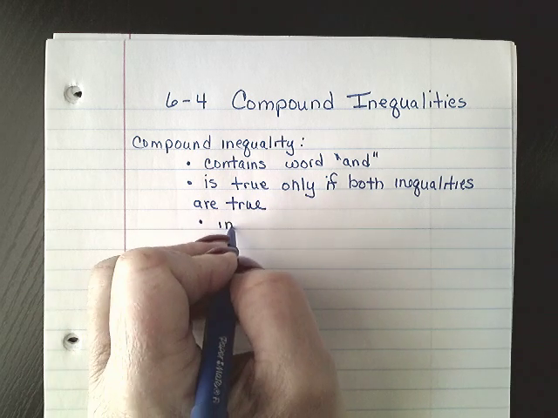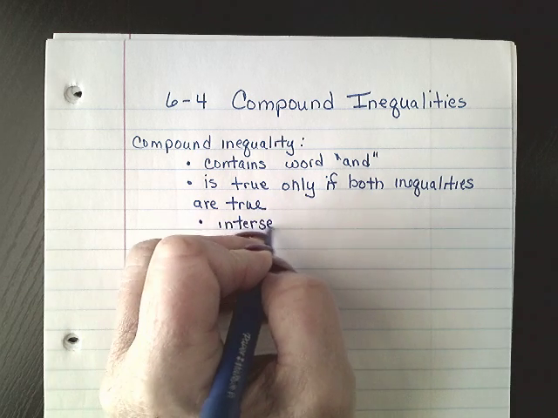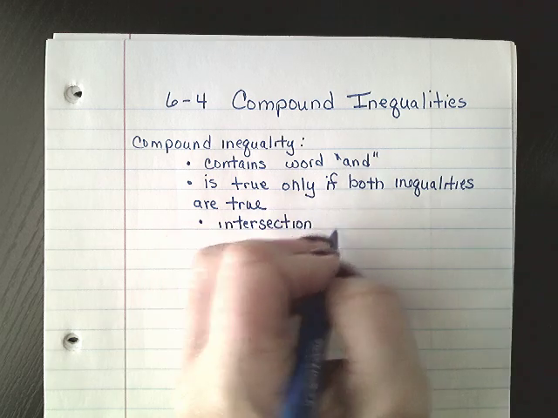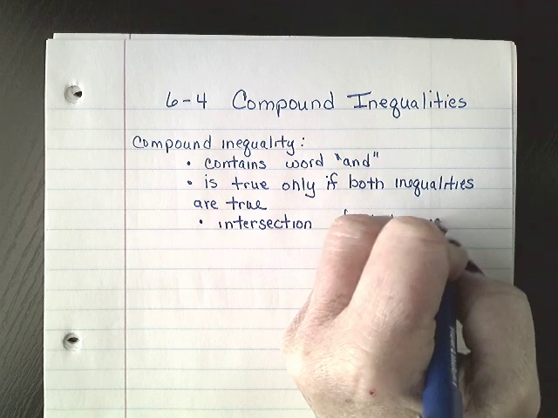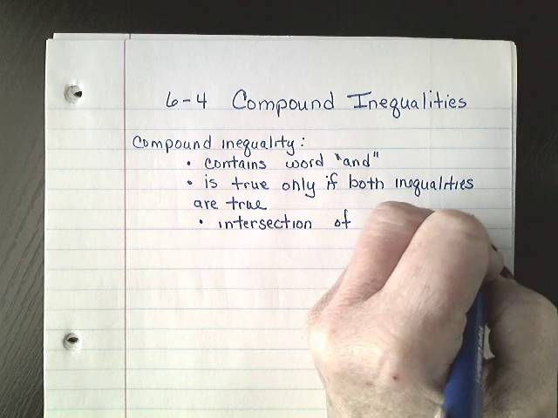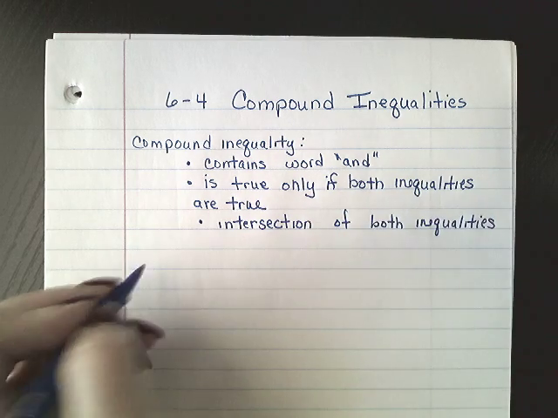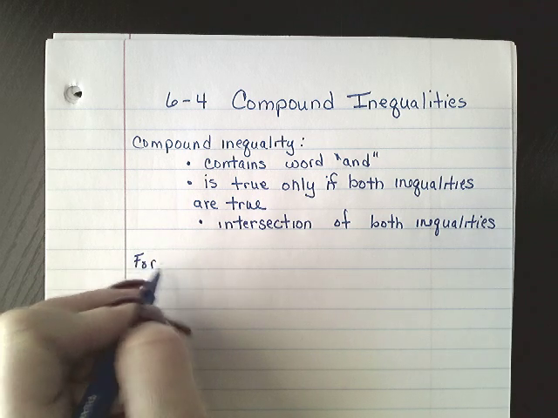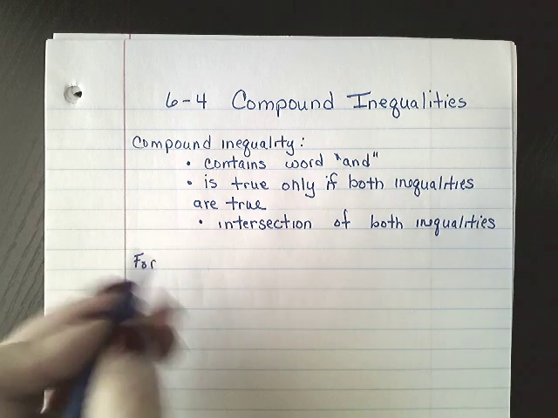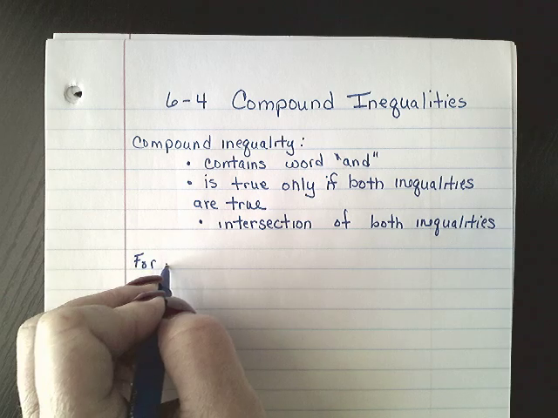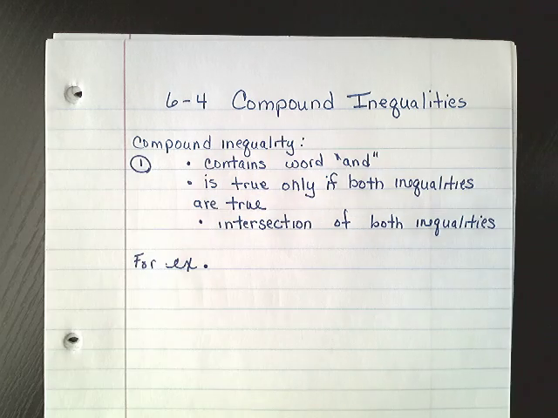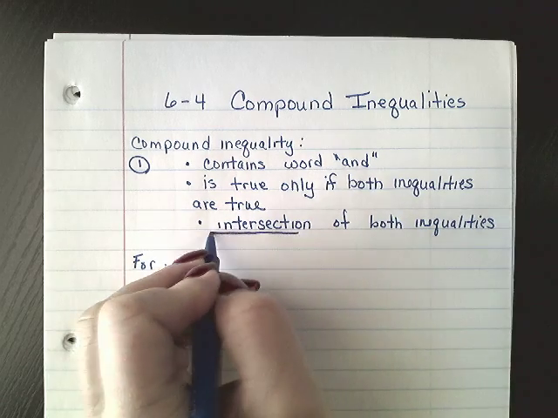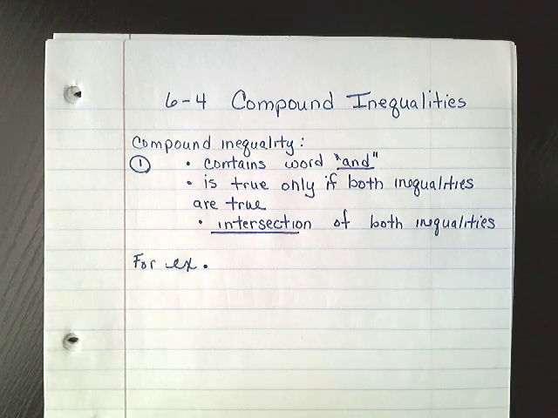This would be the intersection of both inequalities. Okay, so for example, this is the first type of inequality, the intersection with the word and.